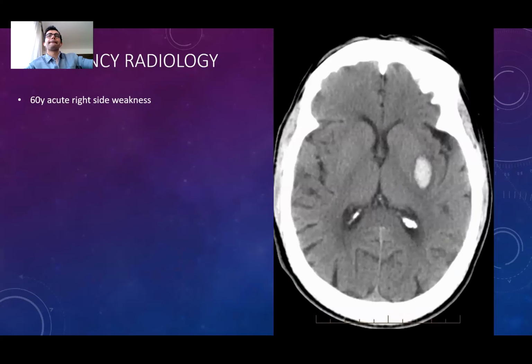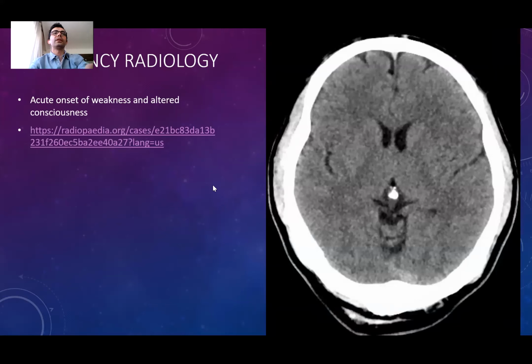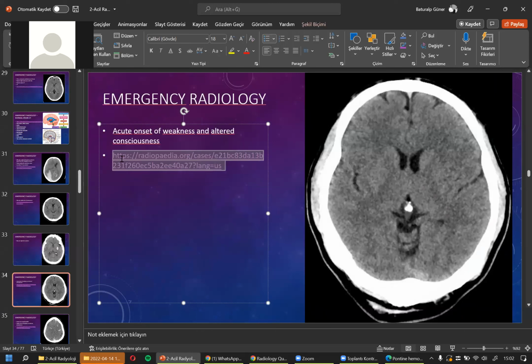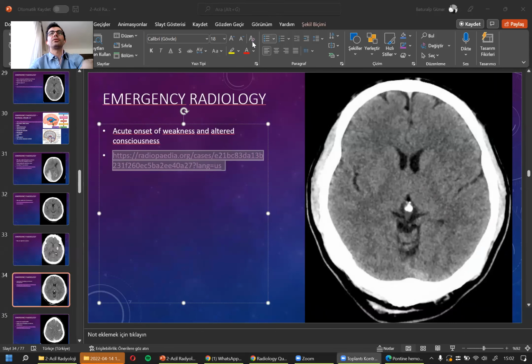We are seeing another patient with acute onset of weakness and altered consciousness. So does anybody want to volunteer? Yara Kasim, can you share your screen? We can look at it together. Yes, of course. Great. I just want the link. Sure. Here you go.